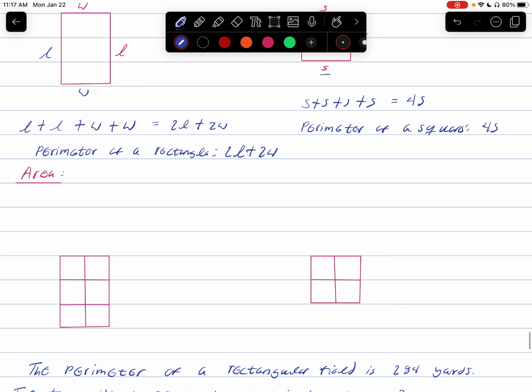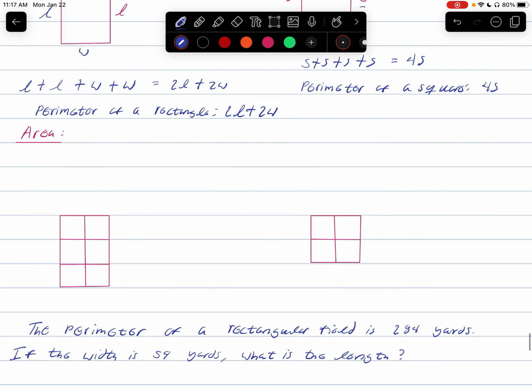Okay, now let's look at the area of a rectangle and a square. For this one, I'm going to start by just giving you the formula, and then we'll investigate why this works. So for the area of a rectangle, we can write this as length times width.